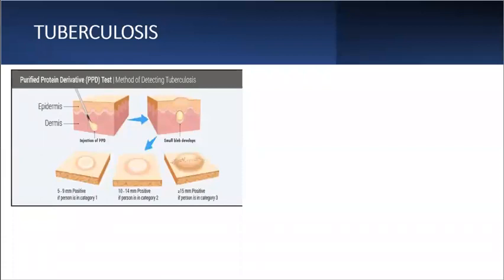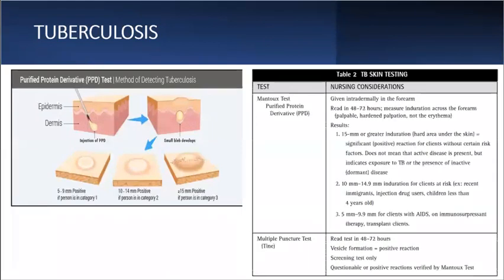In terms of diagnostic procedures we can use to confirm diagnosis, we can carry out skin testing and the standard recommended tuberculin test, or the Mantoux test. With this, we're going to administer 0.1 ml of PPD. PPD is your purified protein derivative.